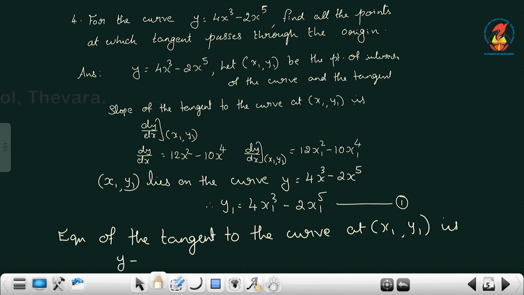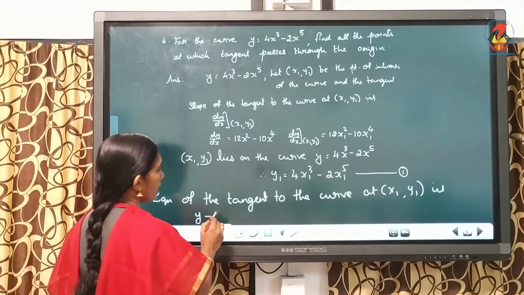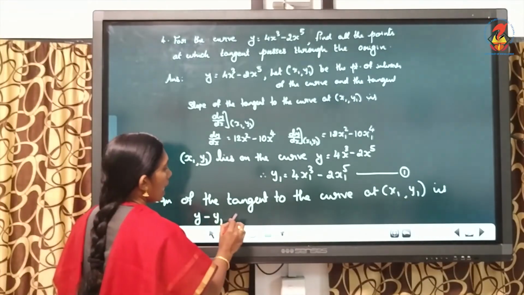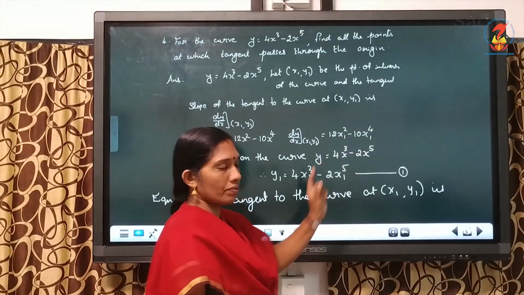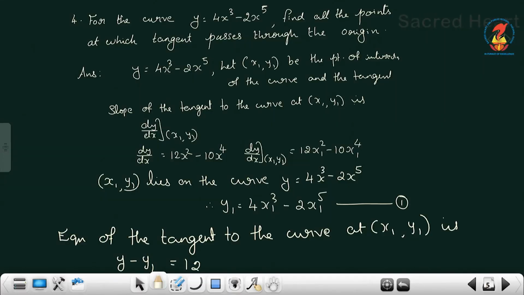So, y minus y0 means the point, here the point is y1, and slope we can write only in this form. So, slope is 12x1 square minus 10x1 raised to 4. This is the slope of the tangent to the curve, into x minus x0, which is x1.